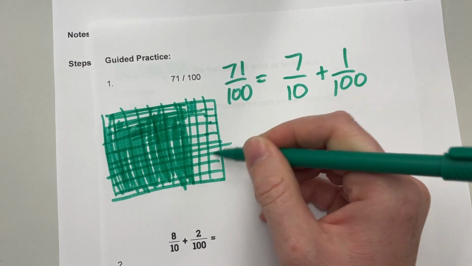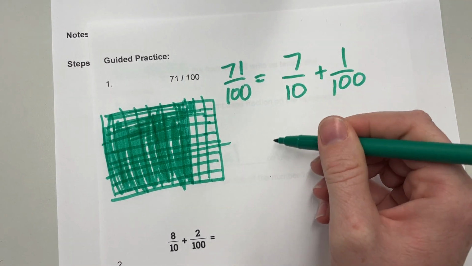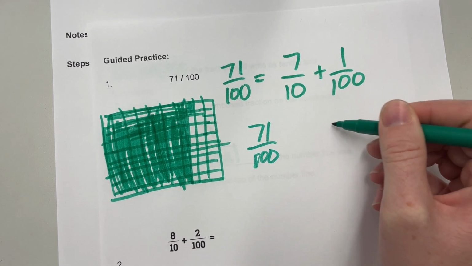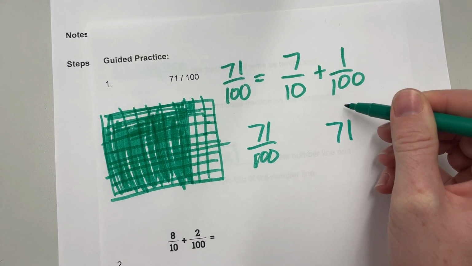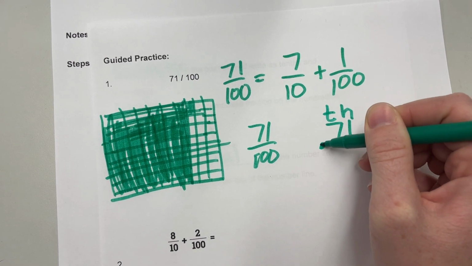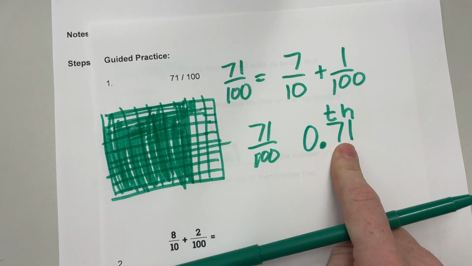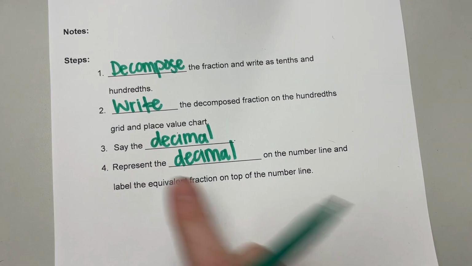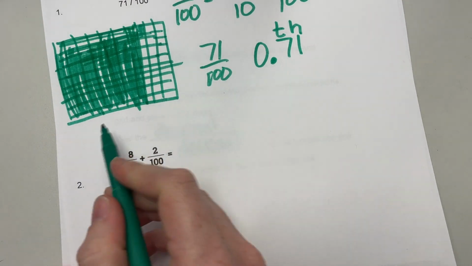So I have shaded in 71/100. So I need to have my hundreds place, my tens place, and my decimals. So I have 71 hundredths. I have now said my decimal. Now I need to represent that on the number line.